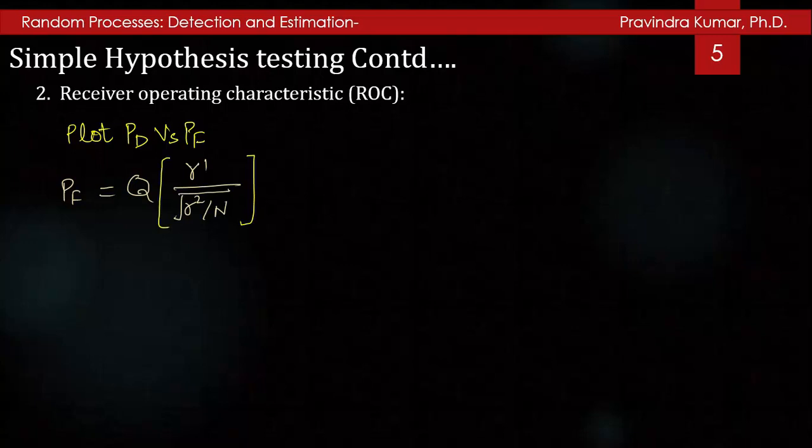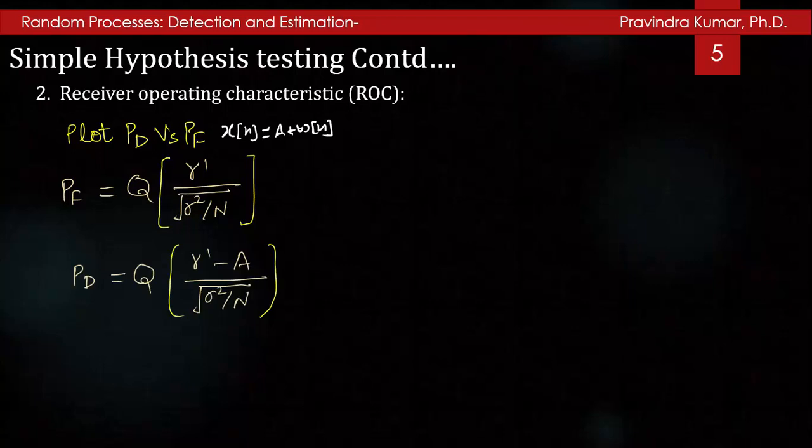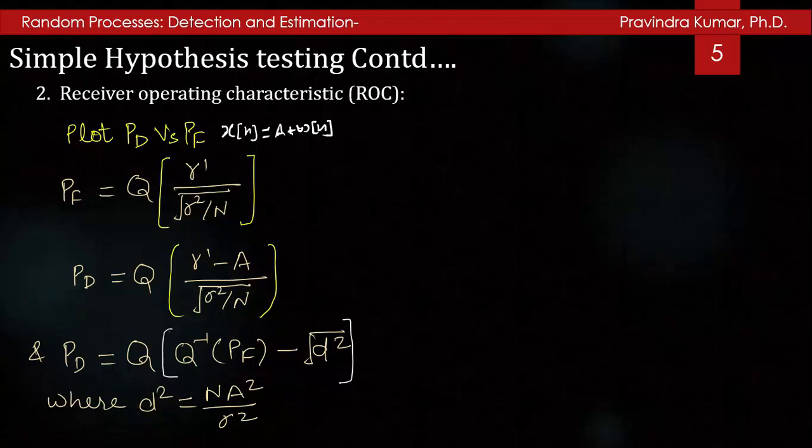Now, you know the probability of false alarm is Q(γ'/√(σ²/N)) when x[n] = ω[n], and the probability of detection is Q((γ'-A)/√(σ²/N)). As you saw in the previous lectures, you can write this as PD = Q(Q⁻¹(PF) - √d²), where d² is the deflection coefficient, d² = NA²/σ².